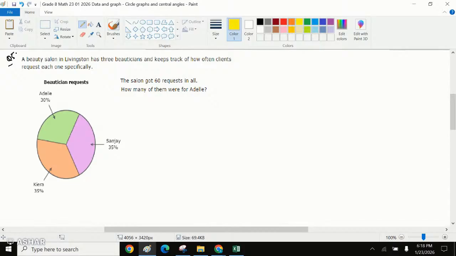The beauty salon has a total of 3 beauticians, and they keep track of how often clients request each. So the names of the beauticians are Edel, Sanjay, and Kiara, right? The salon got 60 requests in all. The total of this would be 60.